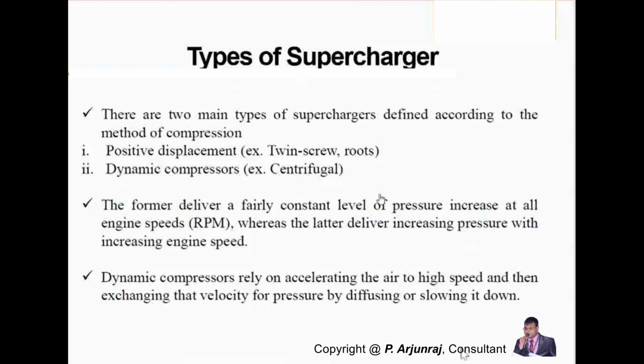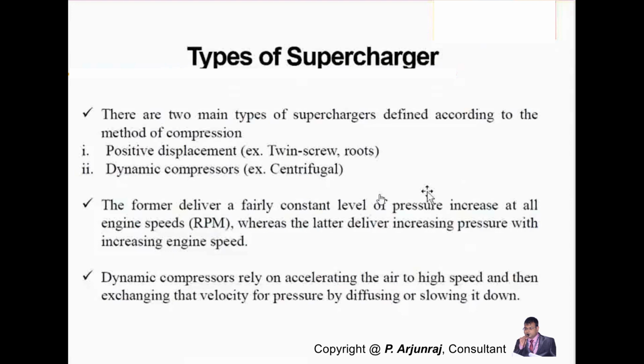When you take the twin screw or root, it comes under the positive displacement type. It will give a constant level of pressure irrespective of the engine speed. When the engine speed is increased stage by stage, the positive displacement type helps to have a constant level of pressure, and that constant level of pressure will also increase with respect to the engine speed.